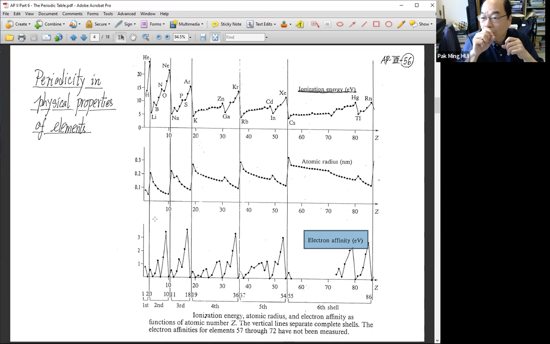Okay? Now, we will need these two ideas, ionization energy and electron affinity, later on when we discuss ionic compounds. Okay, sodium chloride. So you may think that I need to put in some energy to take that electron out from sodium to form a sodium ion, sodium plus, that needs energy.